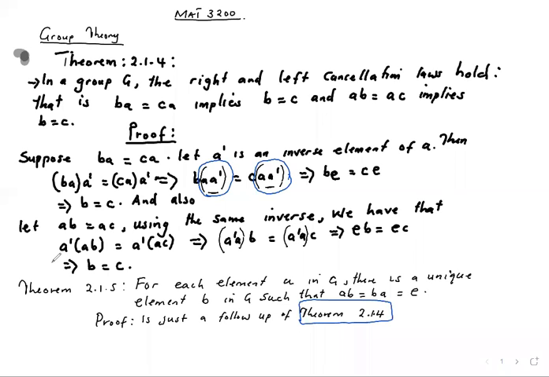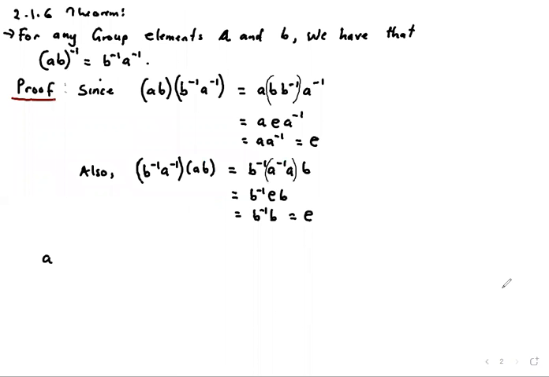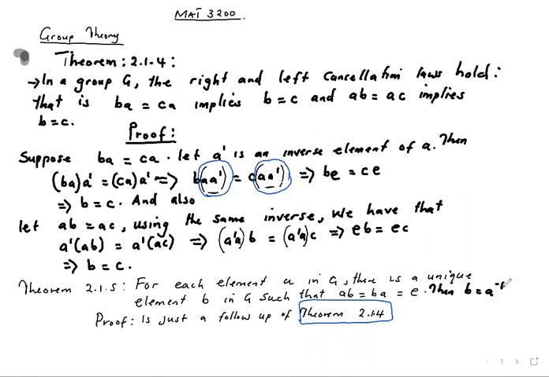For each element A in G, there is a unique element B in G such that AB is equal to BA is equal to E. Then that unique element, we can add here to say, B is equal to A inverse. So that's what we want to use here. Since the exact element in that group G has the property that when I multiply it with A, I get the identity, then I'll call that element an inverse of A.